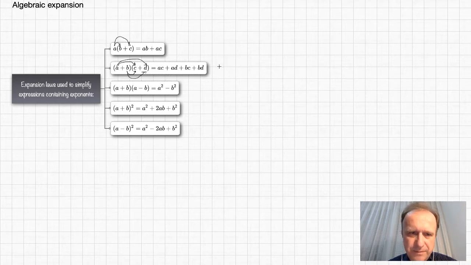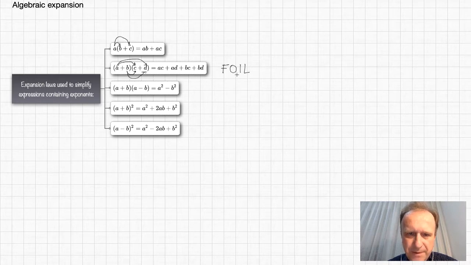Sometimes some people use the mnemonic FOIL, F-O-I-L, to mean the following. F means you have to multiply first terms in both brackets, so it's AC.